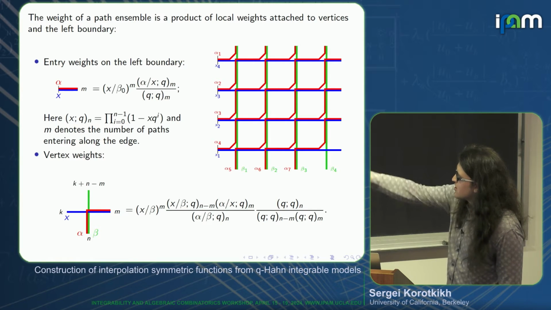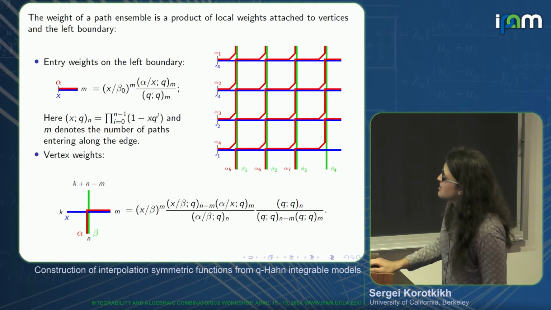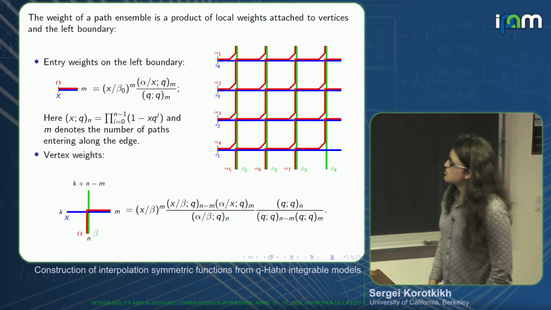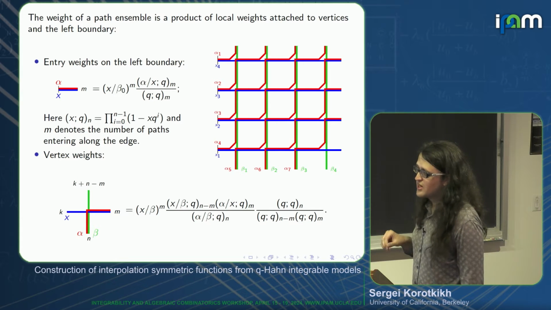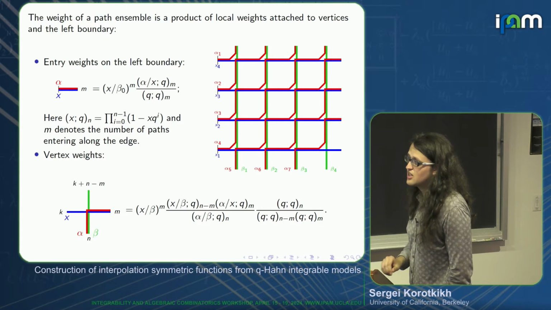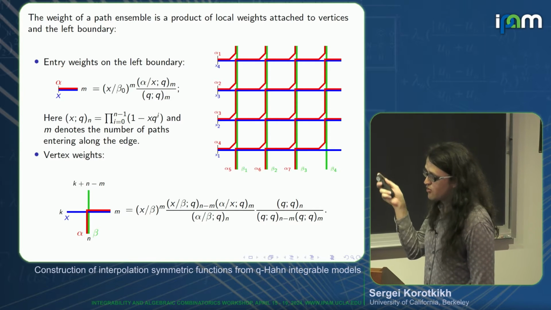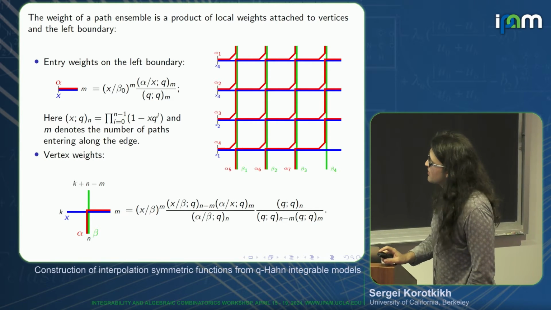At the left boundary, the local weights look like this. It is a certain ratio of q-Gamma symbols, which only depends on the alpha and x parameters corresponding to this edge at the left boundary, and m in this expression is the number of paths entering along this edge.